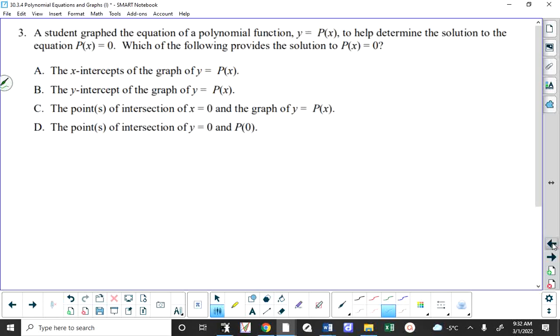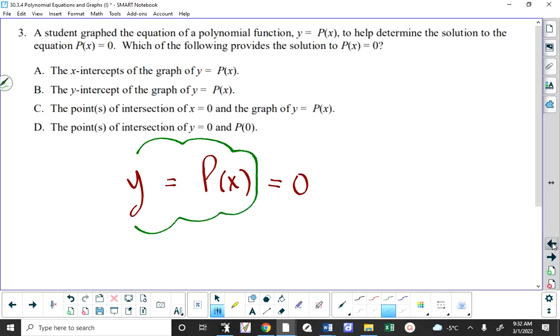What this first sentence is saying is somebody did what we just did. And if we want to determine where p of x equals 0 by looking at the graph of y equals p of x, we have two things going on here. We have this graph that we're looking at, and we have this equation that we're trying to solve.